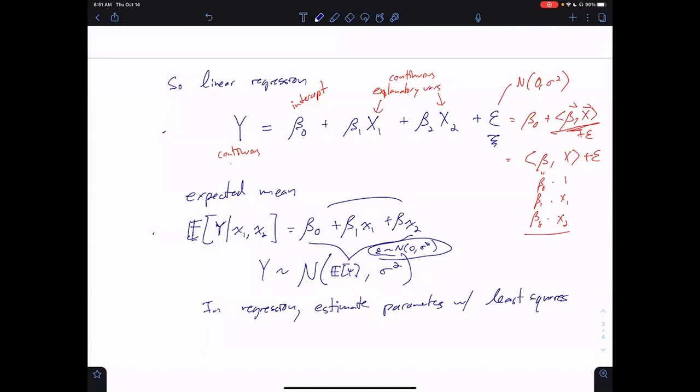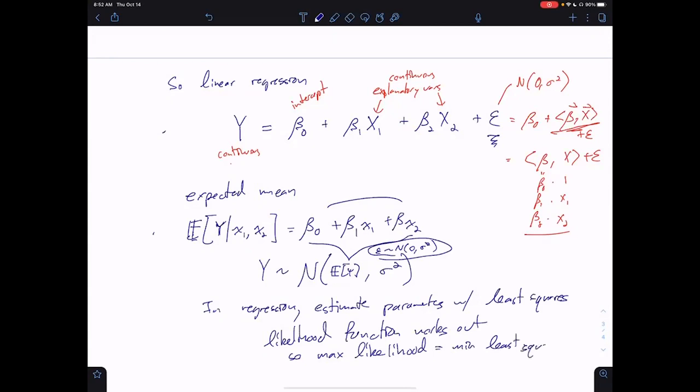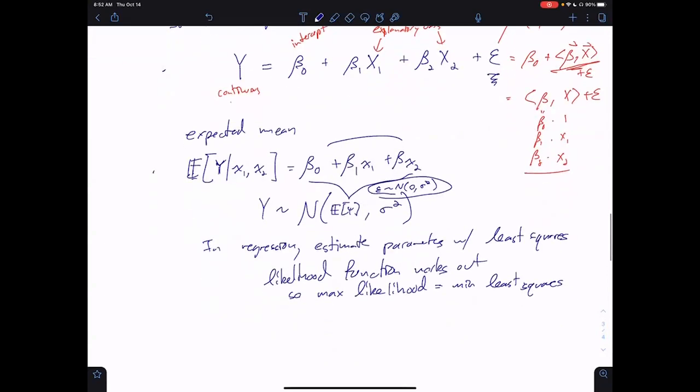And the shadow in regression is that the likelihood function works out so that maximizing the likelihood, making the data most likely given the parameters, equals minimizing this least squares measure of error. And there's nothing special about least squares, except that it happens to work out that it maximizes likelihood for a normal distribution.